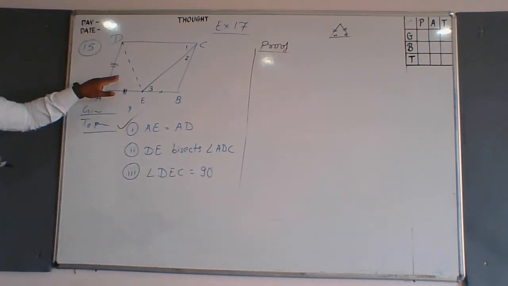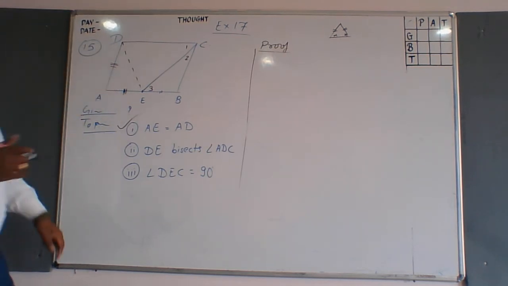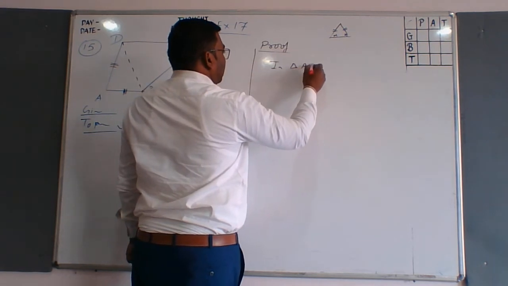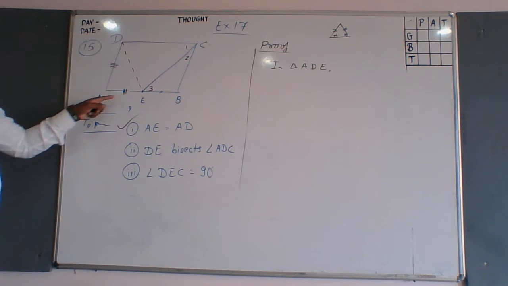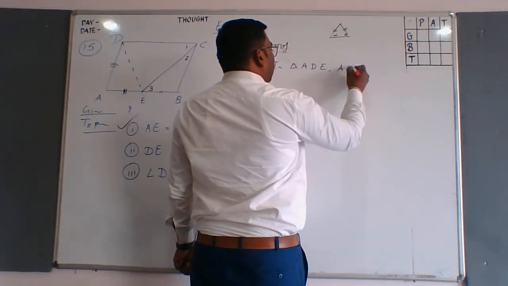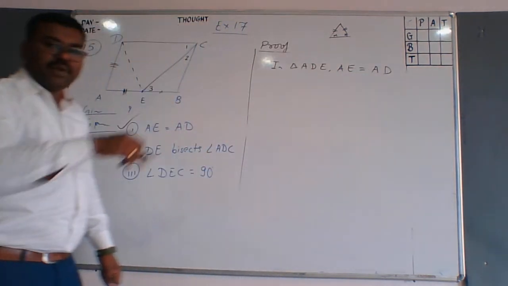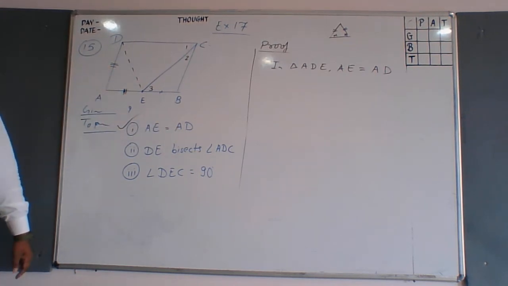So let us take this triangle ADE. Already we have proved that AE and AD are equal. AE equals AD. It is proved in the previous part. Correct?